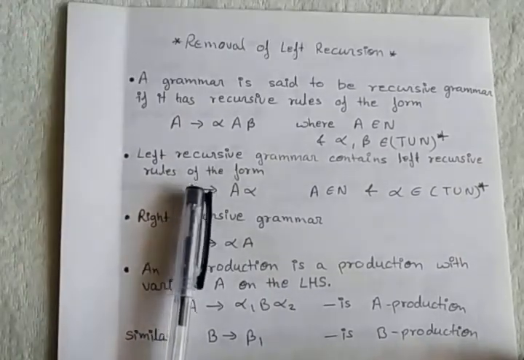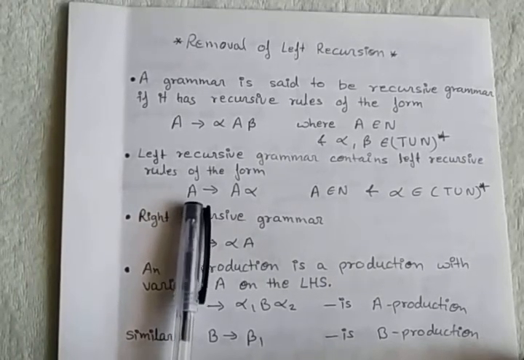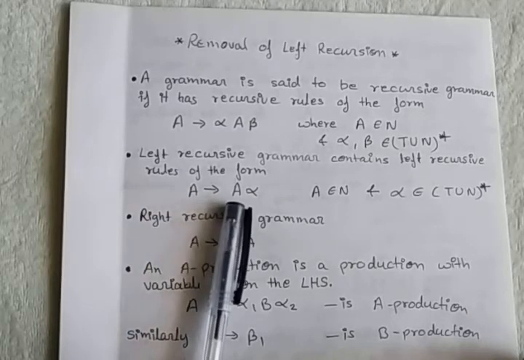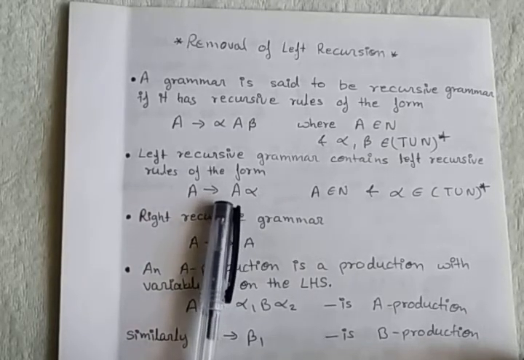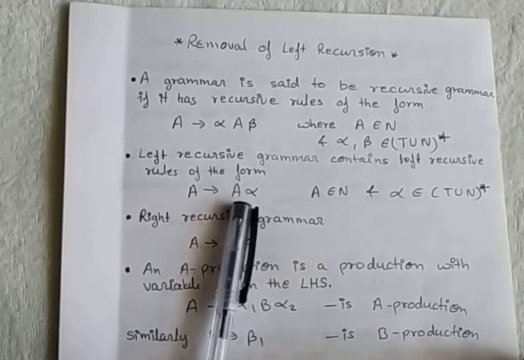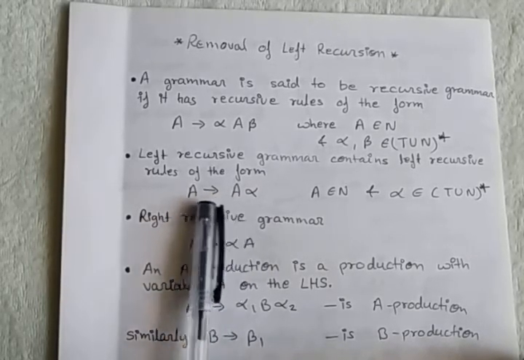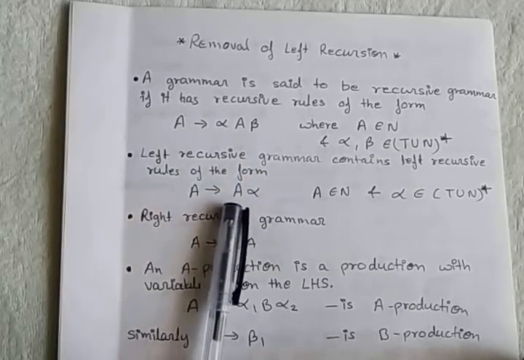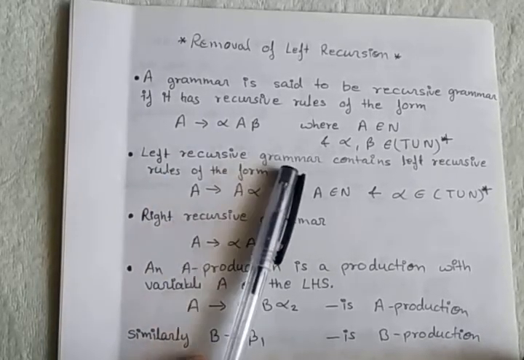Now look at this. The rule of this form is A tends to A alpha. Here A is occurring at the left hand side of the rest of the string. That's why we are calling it a left recursive rule.